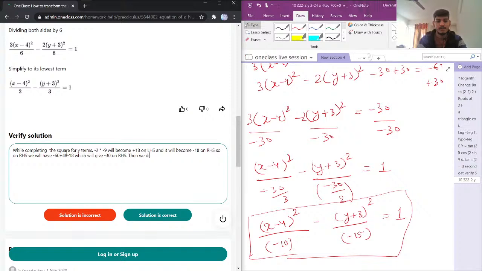Then we divide the whole equation by negative 30.